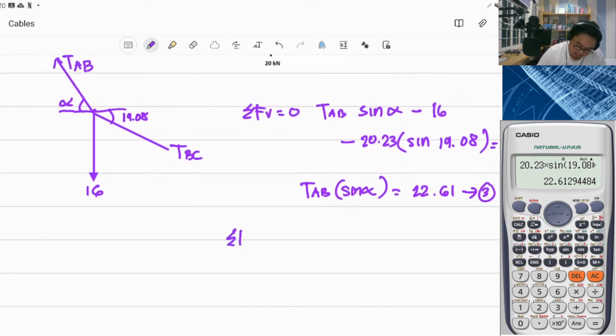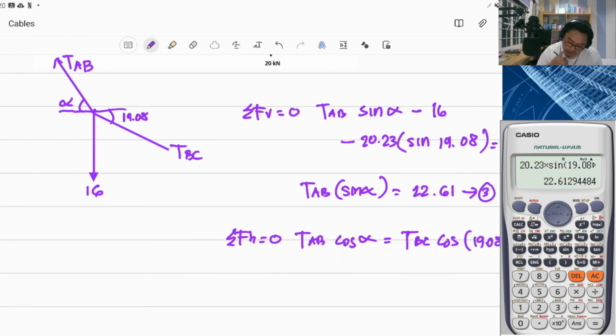Summation of forces horizontal equals to 0. So TAB cosine of alpha equals TBC cosine of 19.08. Okay, so we all know TBC is equals to 20.23 cosine of 19.08.